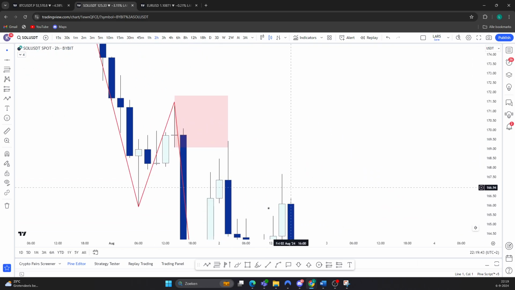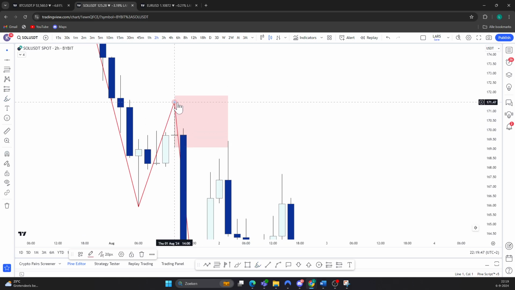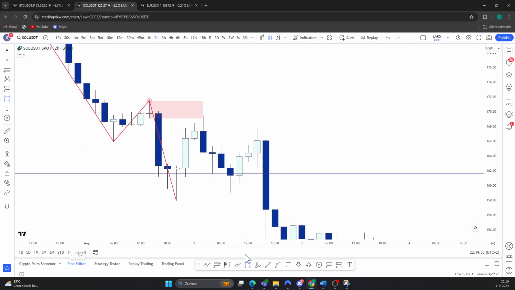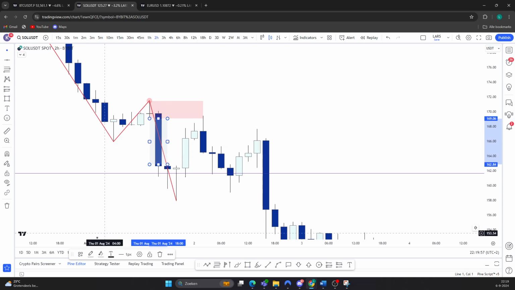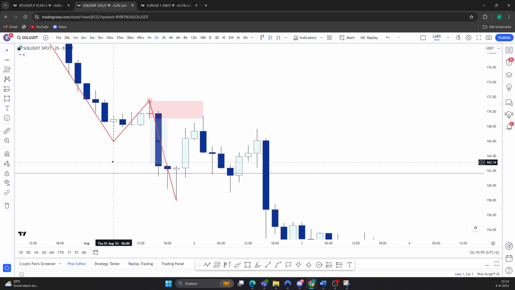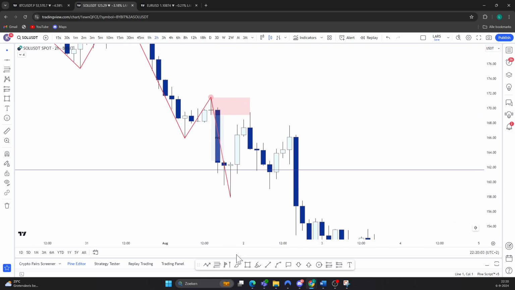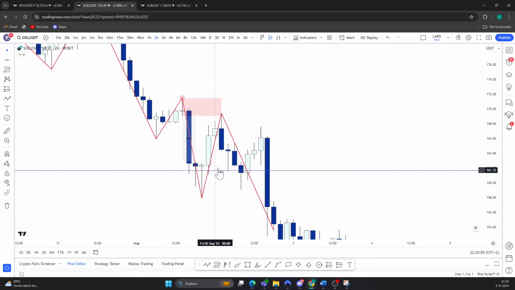Right in that pivot point right here, we see this last bullish candle before having an aggressive expansion towards the downside, leaving a massive fair value gap. So this is definitely a very good area to look for a lower high for a lower low, continuing the trend down, because we're trending down and you have an order block in that pivot point.